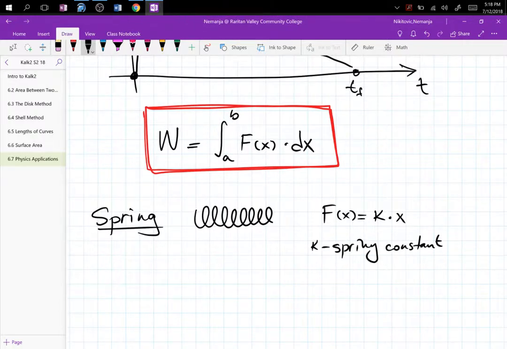And this spring constant is related to what type of spring you have. Your car has shock absorbers, right? Shocks. Those are springs. A train has one, a truck has one, and your pencil that you click has one, right? The difference between these springs is actually that k.